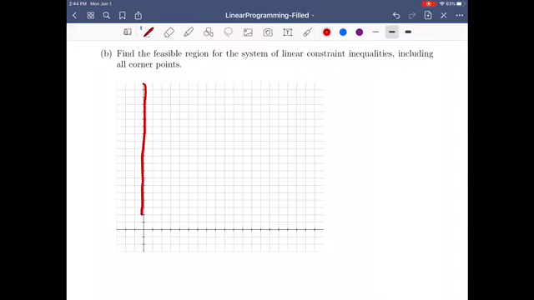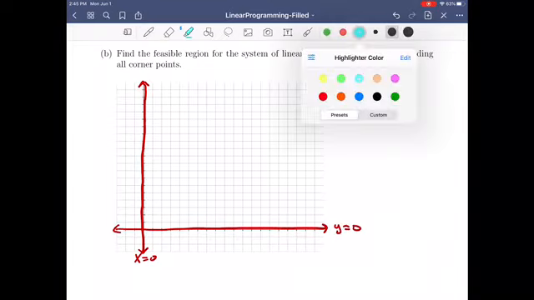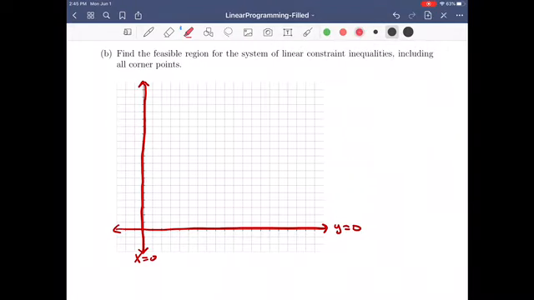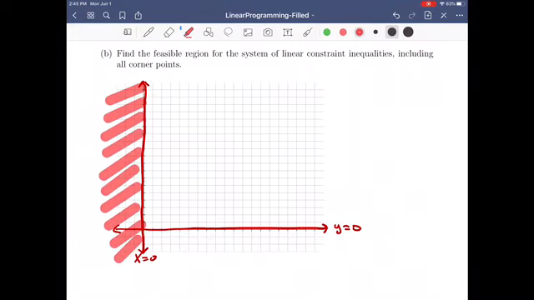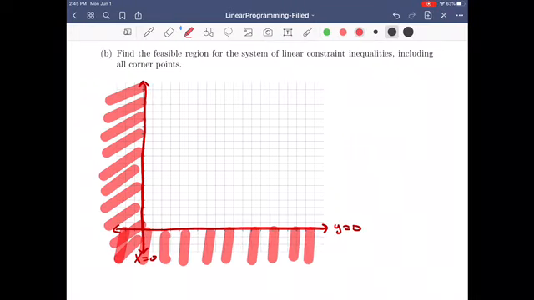Okay, so x equals 0 is the y-axis, y equals 0 is the x-axis, and we want to be bigger than 0 for both. So that gets rid of everything to the left of the y-axis and under the x-axis. So you don't have to worry about those.